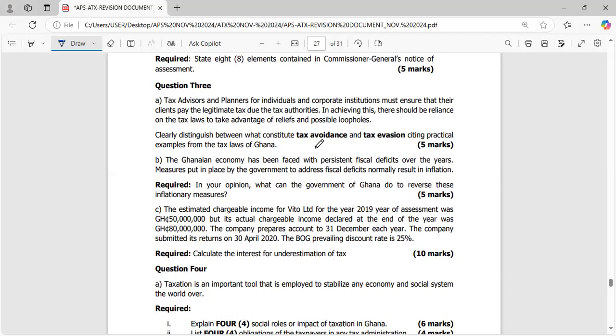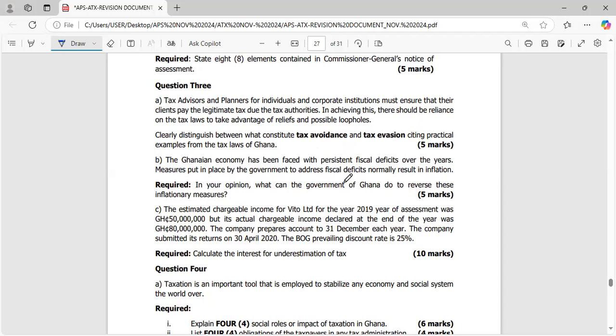Exactly. So tax evasion is illegal. What are the possible ways that people commit tax evasion? Using multiple cash books, using two sets of books of accounts: one keeps the original records and one keeps the fraudulent records, then you present the fraudulent records to the tax officials.